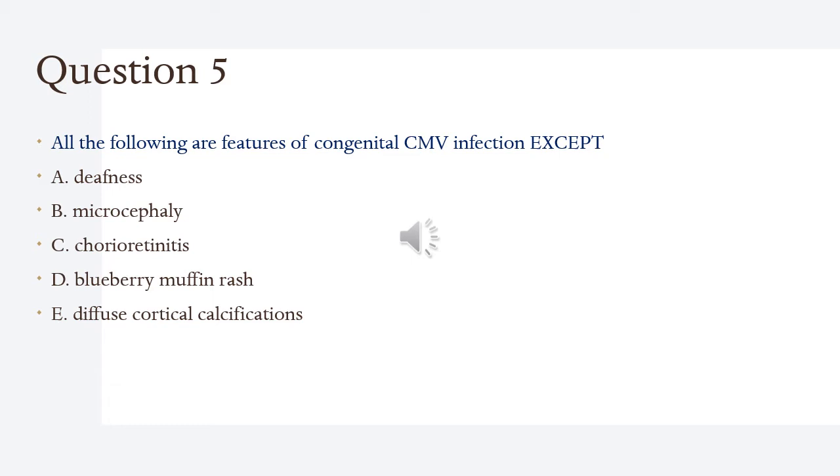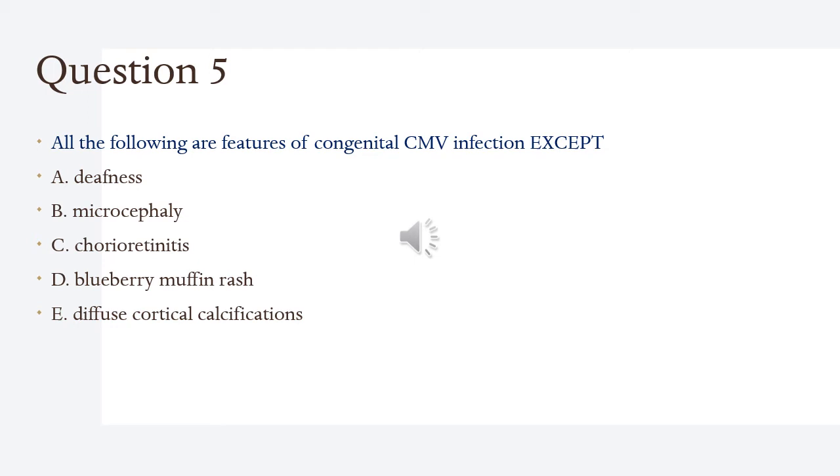Question number 5. All the following are features of congenital cytomegalovirus infection except: deafness, microcephaly, chorioretinitis, blueberry muffin rash, diffuse cortical calcification. It's quite a tricky question. With cytomegalovirus there is calcification, but it's periventricular, not diffuse.